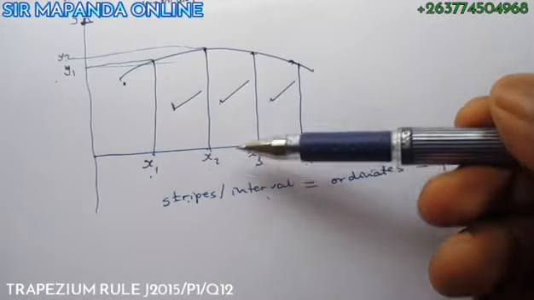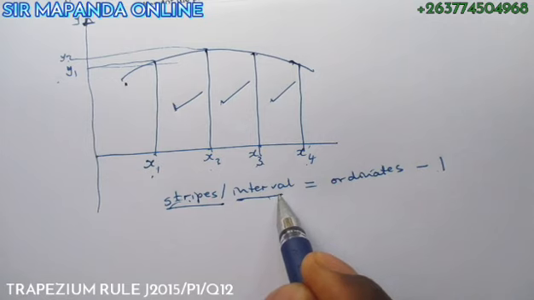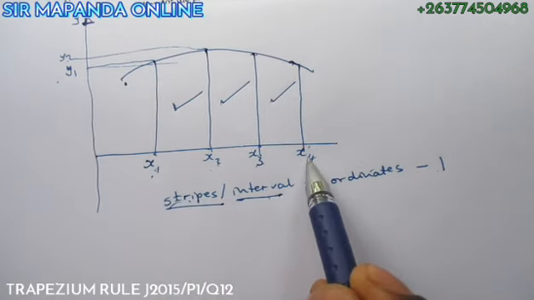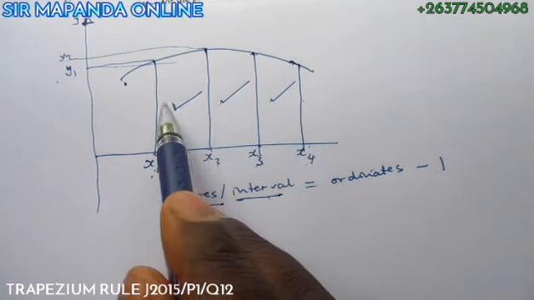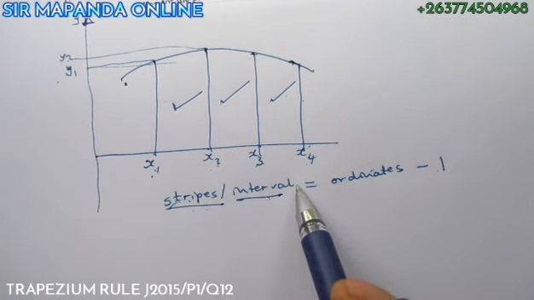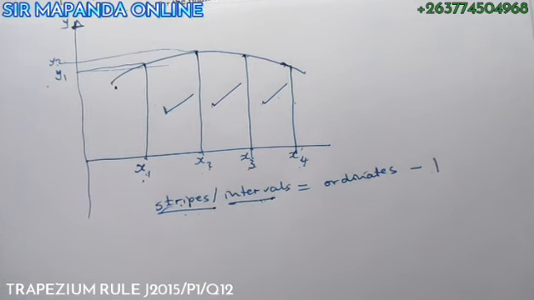We have 3 trapezia. They represent what we call stripes or intervals. You can clearly note that if you have 1, 2, 3, 4 ordinates, the intervals are 3, the stripes are 3. So the relationship between stripes, which are also known as intervals, and ordinates is: number of stripes is equal to number of ordinates minus 1.